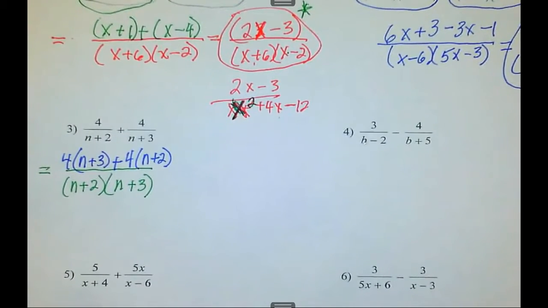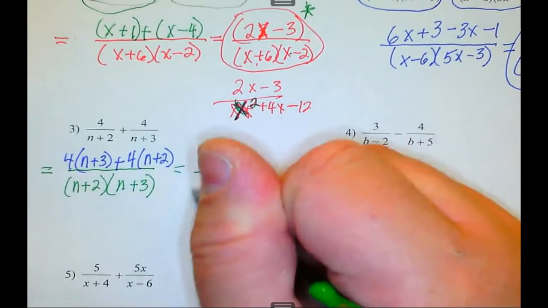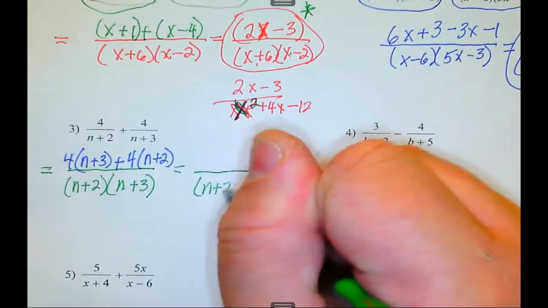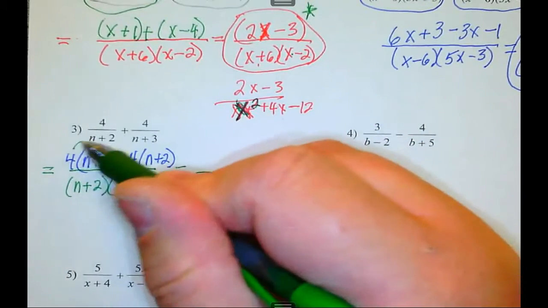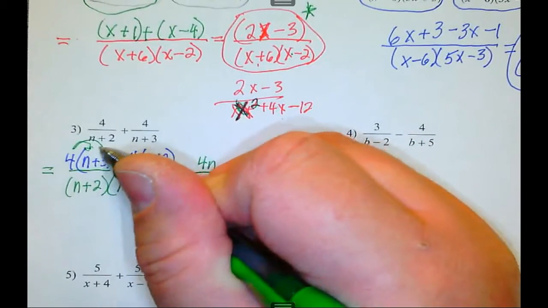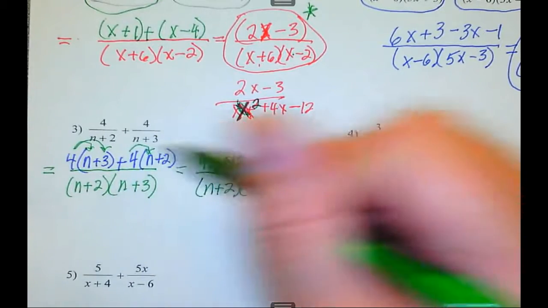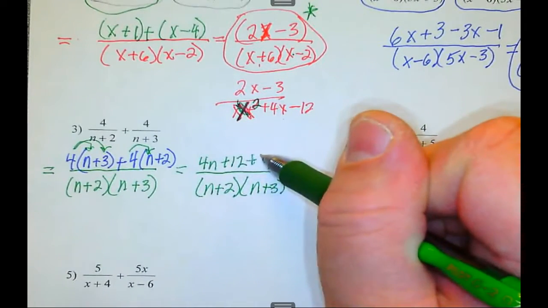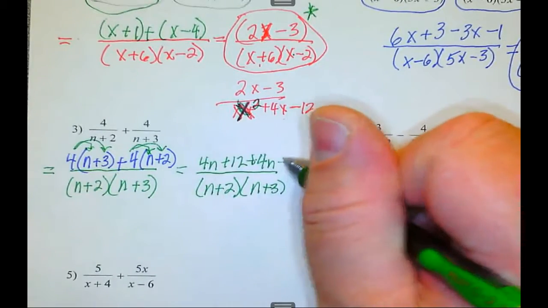Now all I have to do is multiply it out, simplify it, see if anything cancels. Okay, denominator doesn't change. See, 4 times n, 4n. 4 times 3, 12. 4 times n, 4n. 4 times 2 is 8.